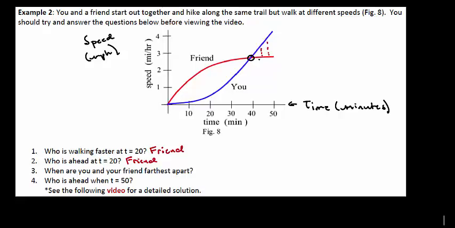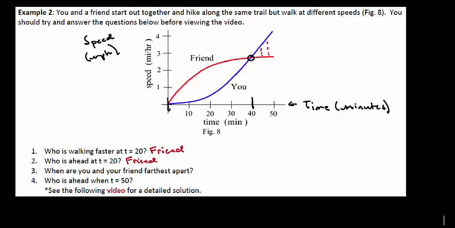After that point, your speed is more than their speed. So now you're going to start catching up to them. Okay? And so if you think about this, what happened initially was between here and here, that whole distance your friend was walking faster than you were.